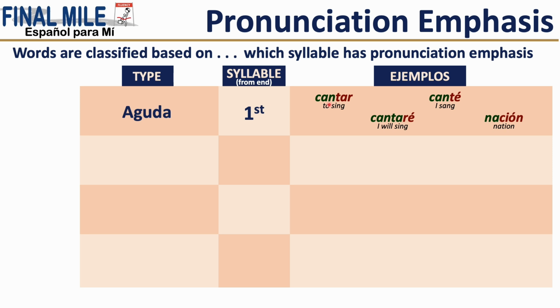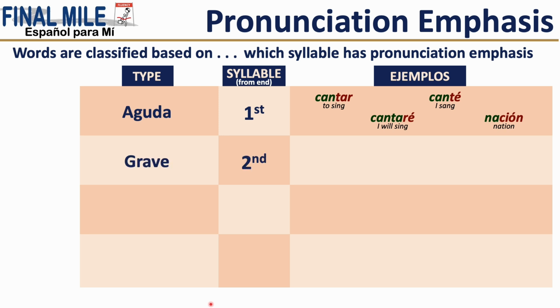The red syllable is what has pronunciation emphasis. So try to get ahead of me and figure out how to pronounce it correctly, and then verify with my pronunciation. Cantar, cantaré, canté, nación.